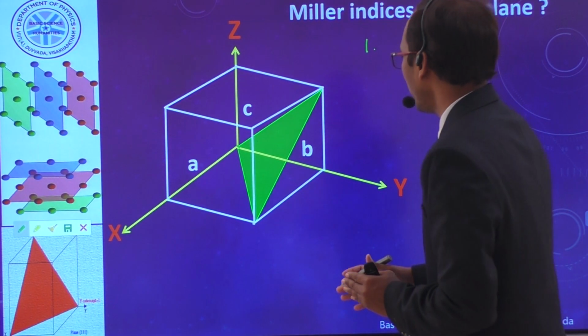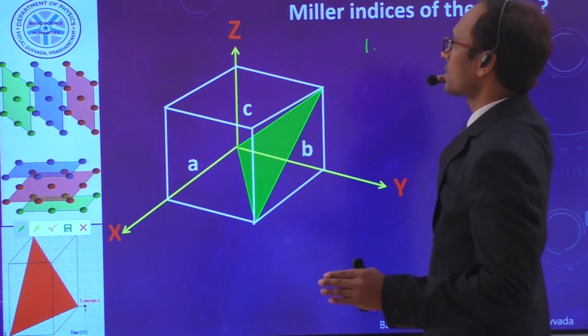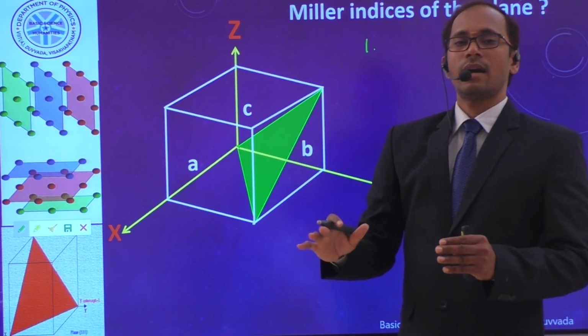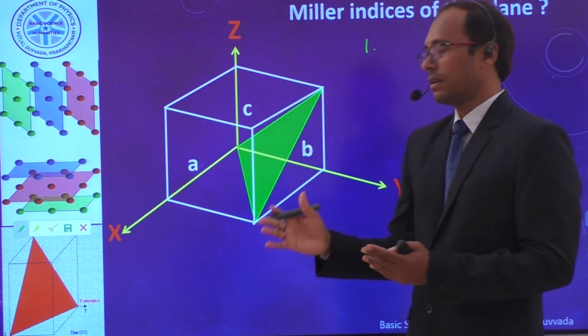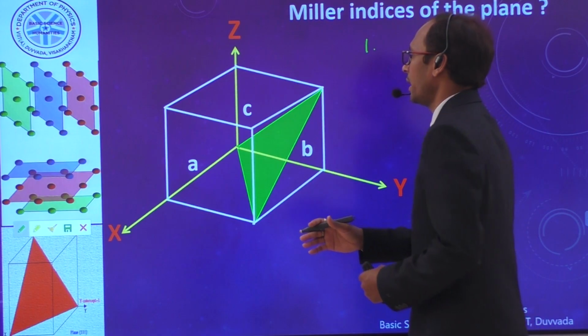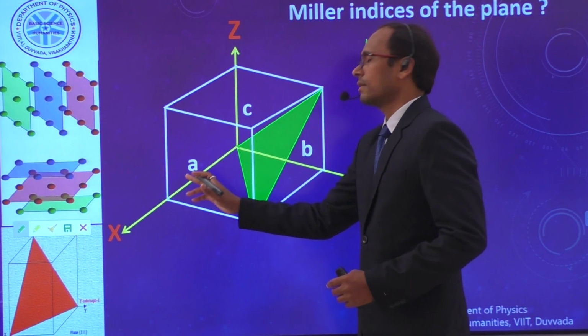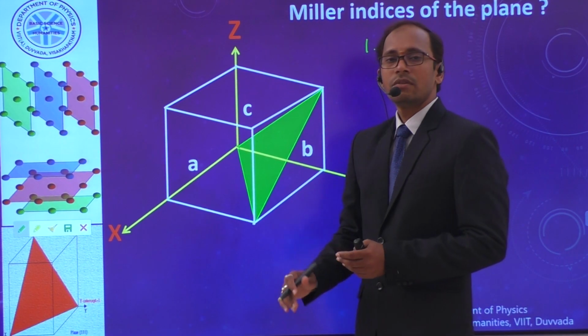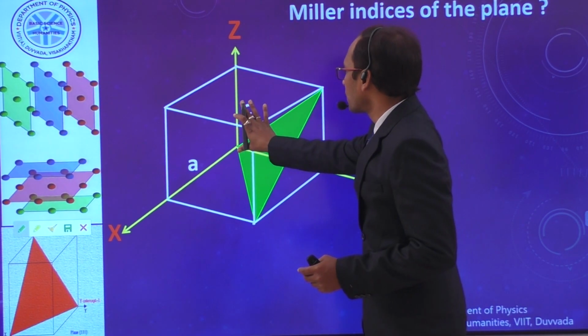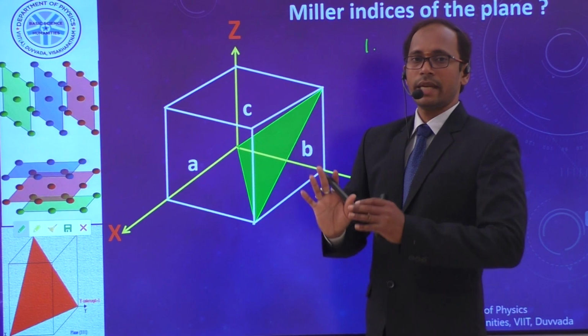That means if you take this plane, wherever you keep it on the crystal, the Miller indices always should be same, because it is everywhere identical. That's why there is a flexibility that you can shift origin in order to give Miller indices of such planes. You can shift the origin from this point to anywhere because it is identical.